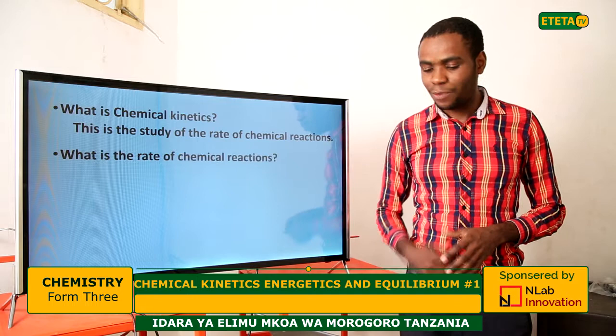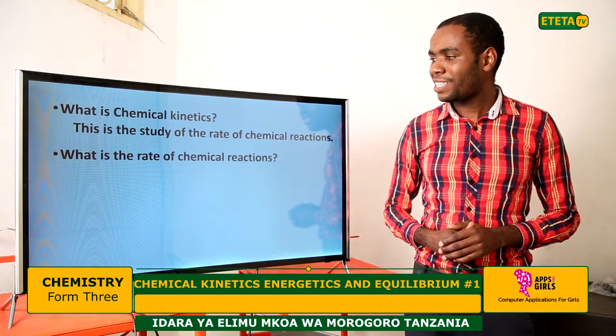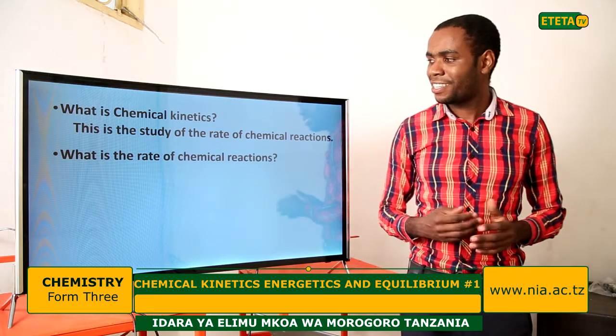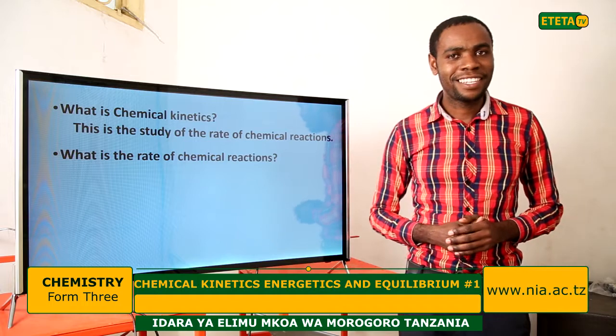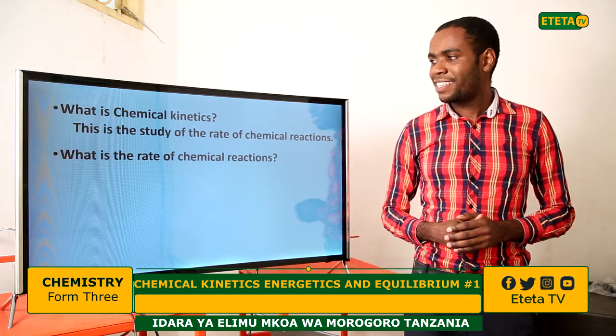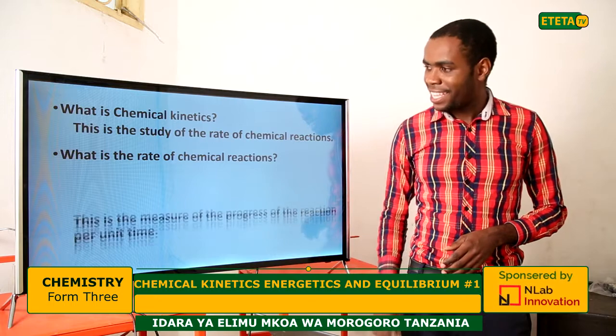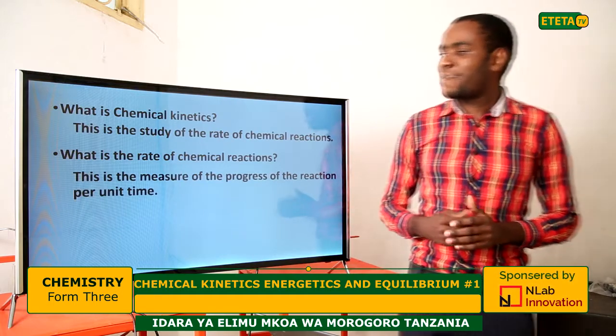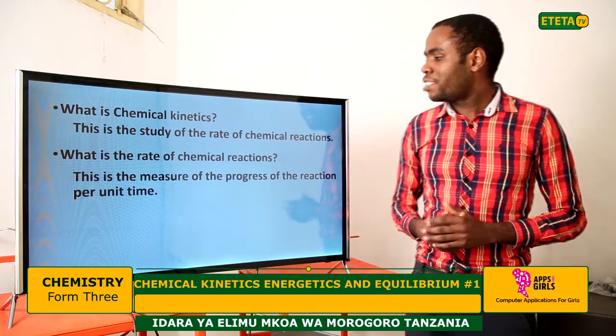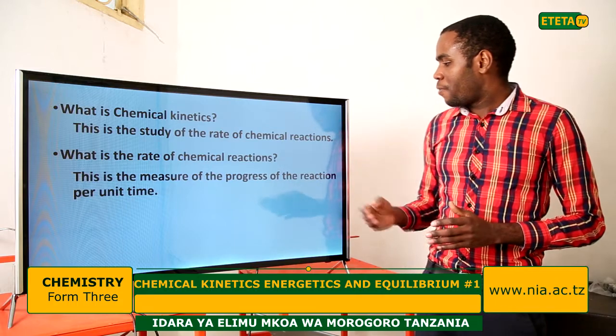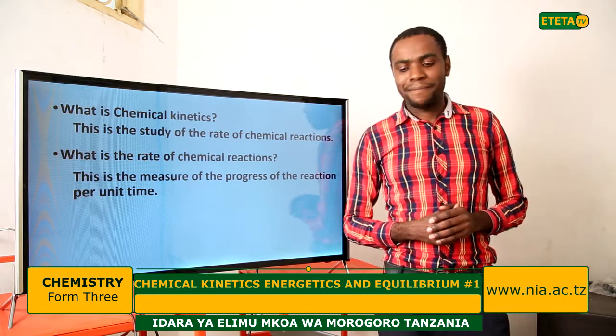Now, what is the rate of chemical reaction? Can you define the rate of chemical reaction? The rate of chemical reaction can be defined as the measure of the progress of the reaction per unit time.